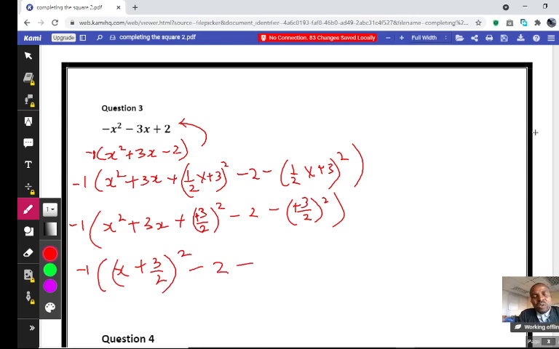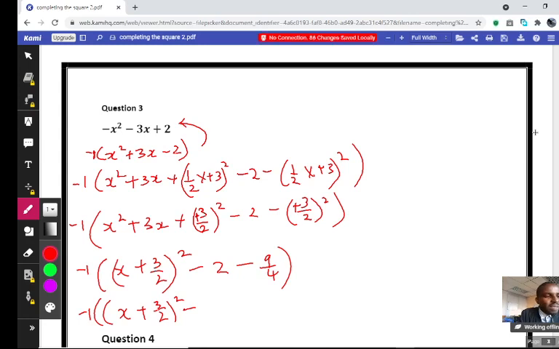Then you simplify on this one. 3 over 2 squared is actually 9 over 4. You close your bracket. Then you simplify further. x plus 3 over 2 squared. Then on this one, minus 2 minus 9 over 4 is actually minus, 2 plus 9 over 4.